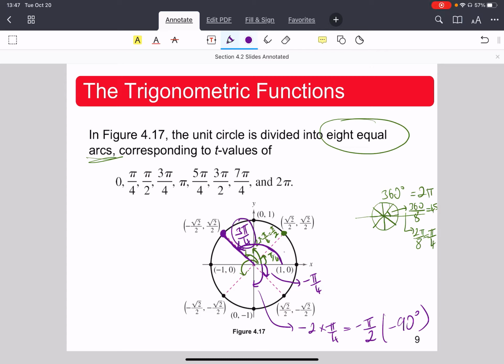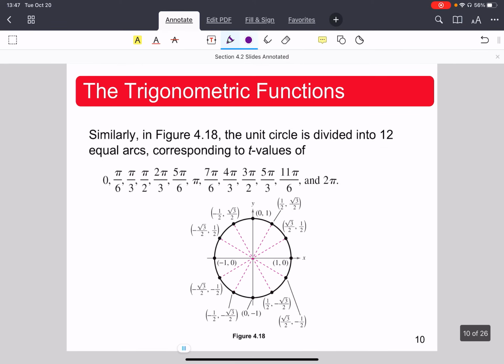So this is the angle here. And then the point will have the coordinates x comma y to be negative square root of 2 over 2 comma square root of 2 over 2. So that is what x and y is. And using that information, we'll be able to figure out some cool things about it. Like we're going to use the trig functions and then work with some numbers.